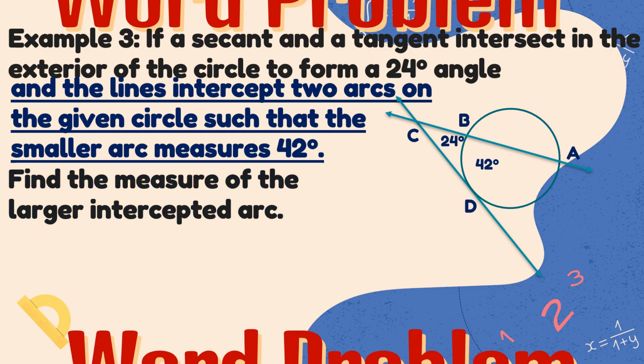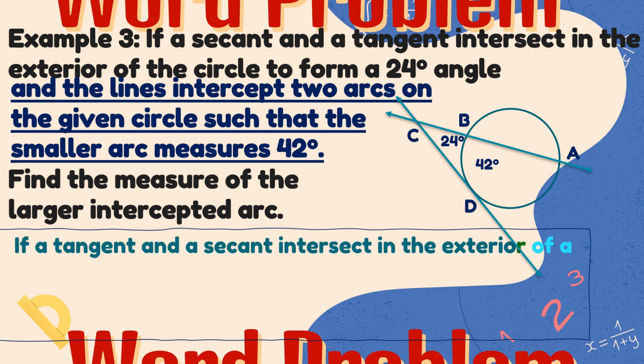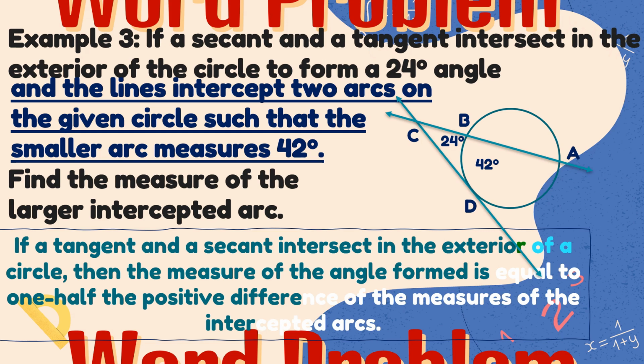It would be helpful if you make an illustration of the problem. We have learned that if a tangent and a secant intersect in the exterior of a circle, then the measure of the angle formed is equal to 1/2 the positive difference of the measures of the intercepted arcs.